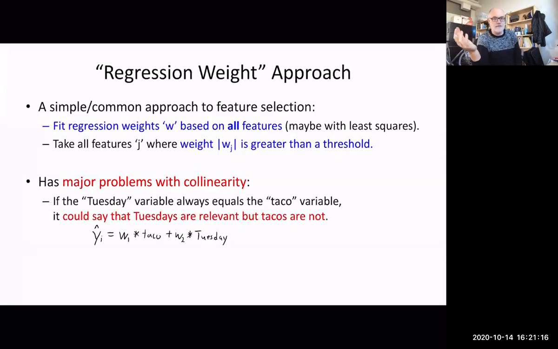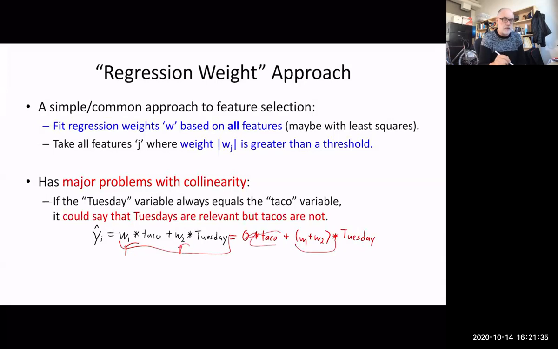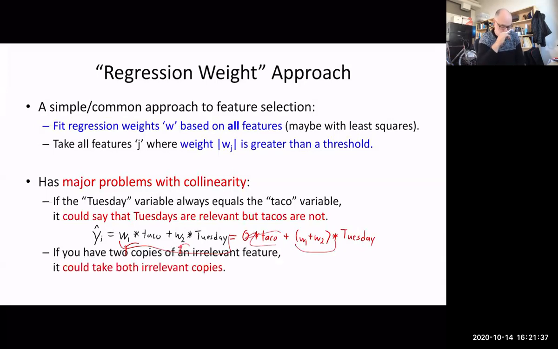Tuesday is clearly not a food, so it'd be weird. We already talked about this: any regression model that we learn with values of W1 and W2, if taco and Tuesday are perfectly correlated, then this is an equivalent model and there's no taco in this at all. Just a non-food thing, the day of the week, right?